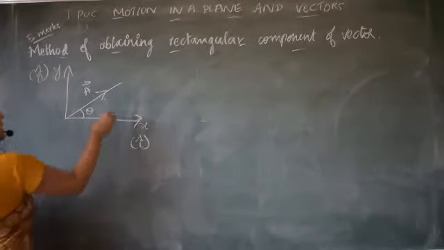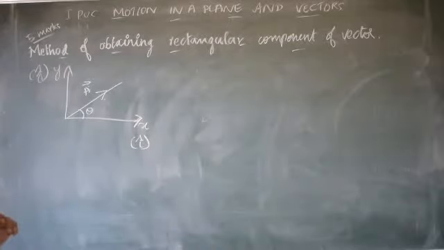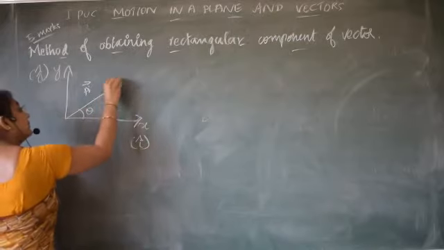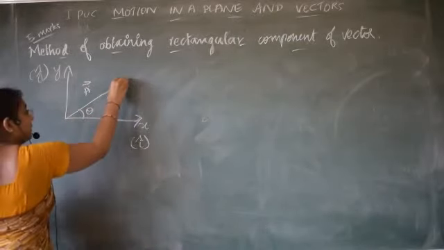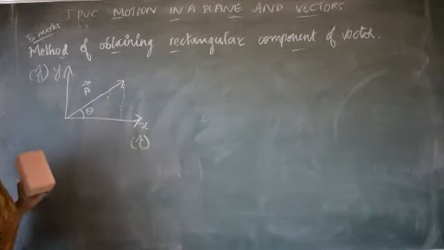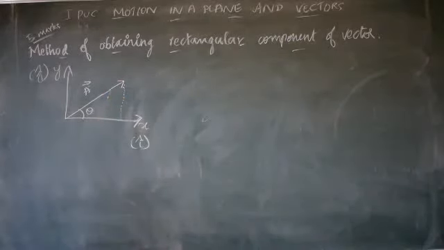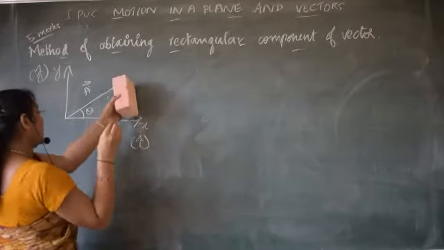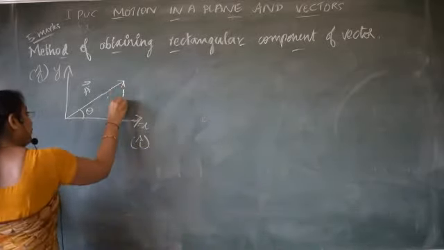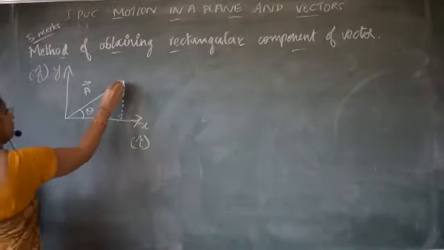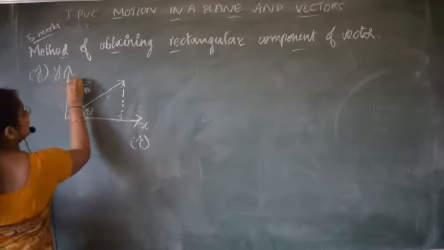See, from the head we have to draw a perpendicular, no? So I'll draw it neatly. Okay, one vector. From the head of this vector, let me draw a perpendicular line to the x-axis and one more to the y-axis.